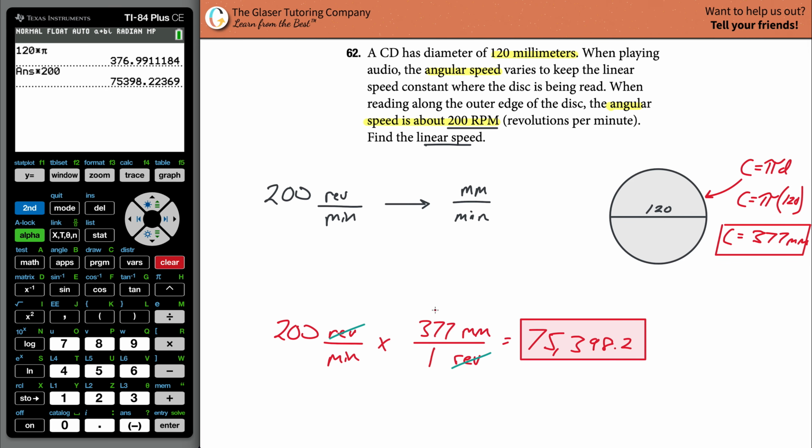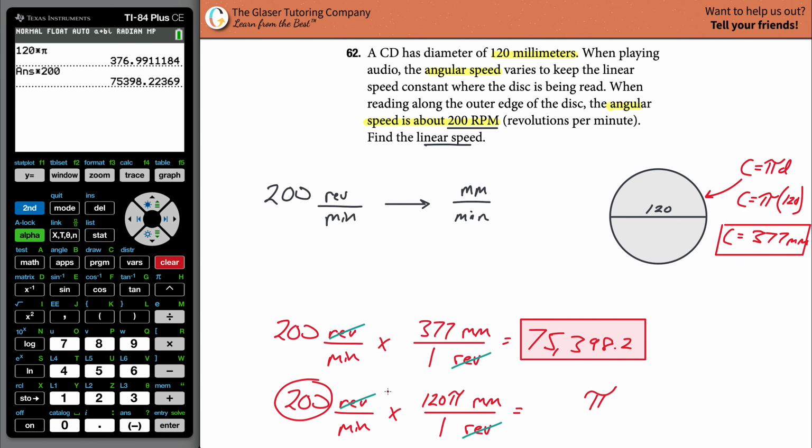If you wanted an exact value, you would do the same conversion. Watch, I'm just going to copy it. This would be the exact answer. Because remember, the 377 is still a rounded value, since it's a decimal. Instead of plugging in the 377 here, I'm going to plug in the 120 pi. So I'm going to leave my answer in terms of pi.